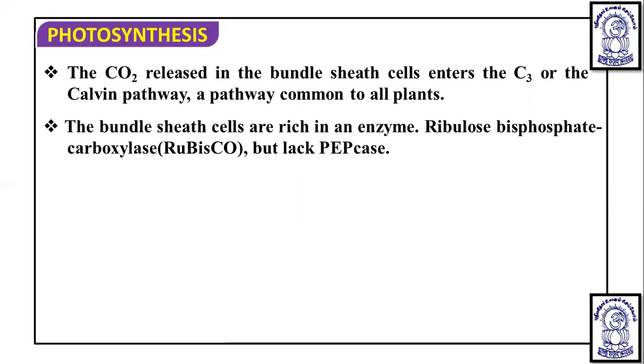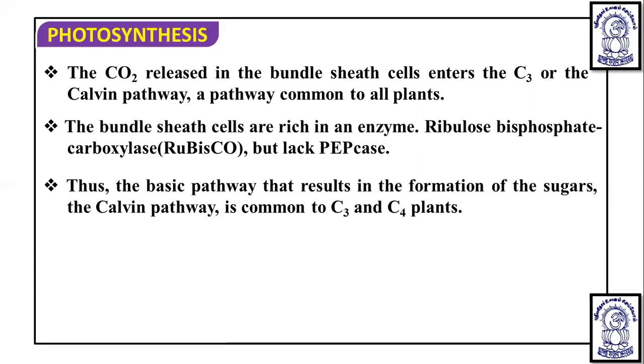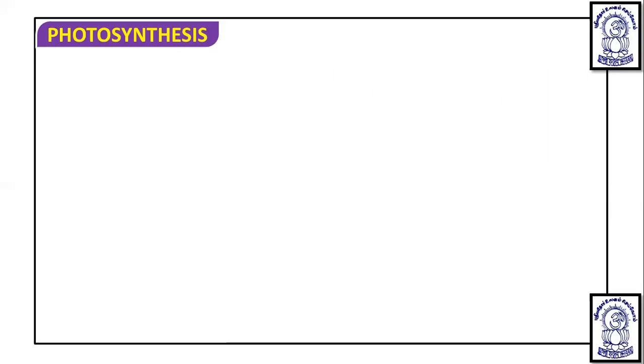So the bundle sheath cell is rich in the enzyme RuBisCO but lacks PEPcase. Okay. So the basic pathway that results in the formation of sugar, the Calvin pathway, is common to C3 and C4 plants. So C4 plants have the C4 cycle, but along with that they have a C3 cycle. But C3 plants have exclusively the C3 cycle. That is the thing that we have understood here.